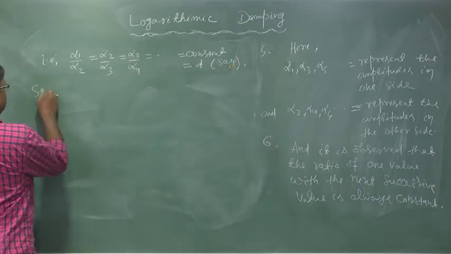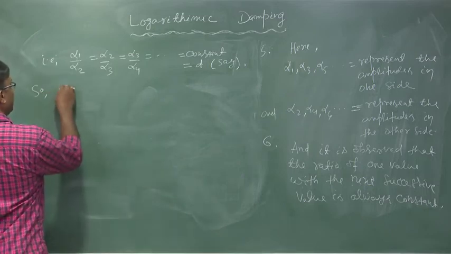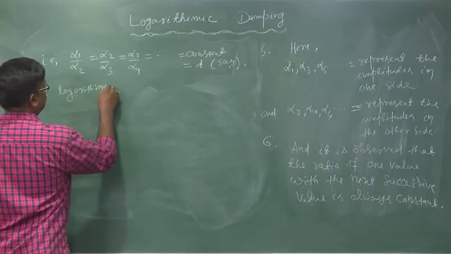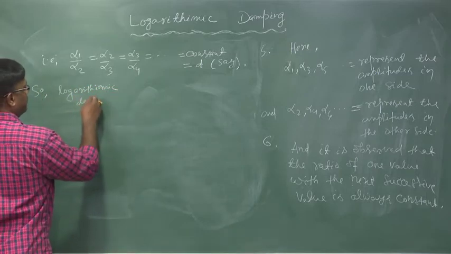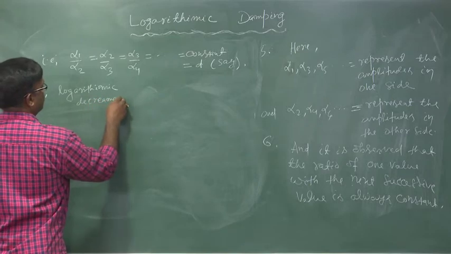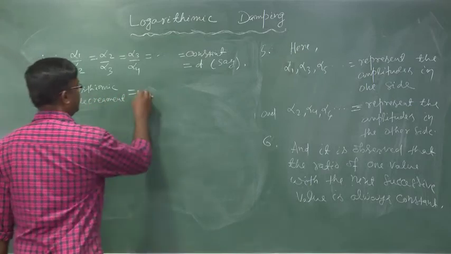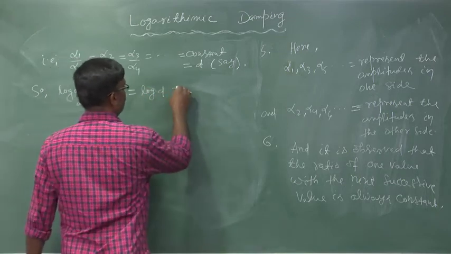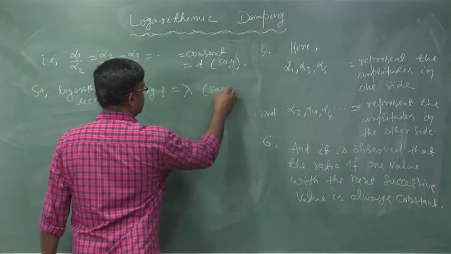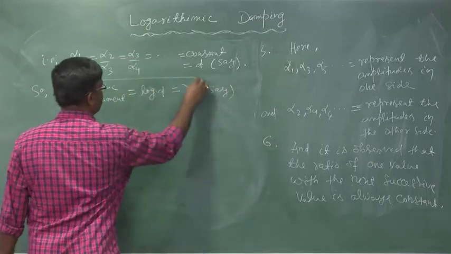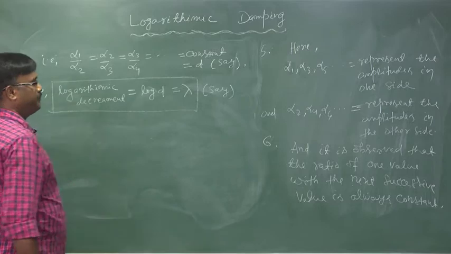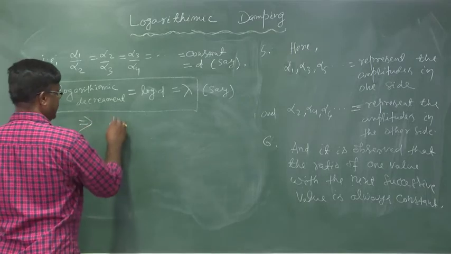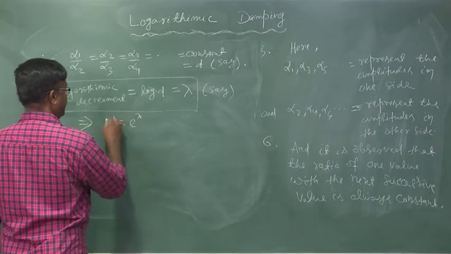So, logarithmic decrement equal to log d equal to lambda, which implies d equal to e to the power lambda.